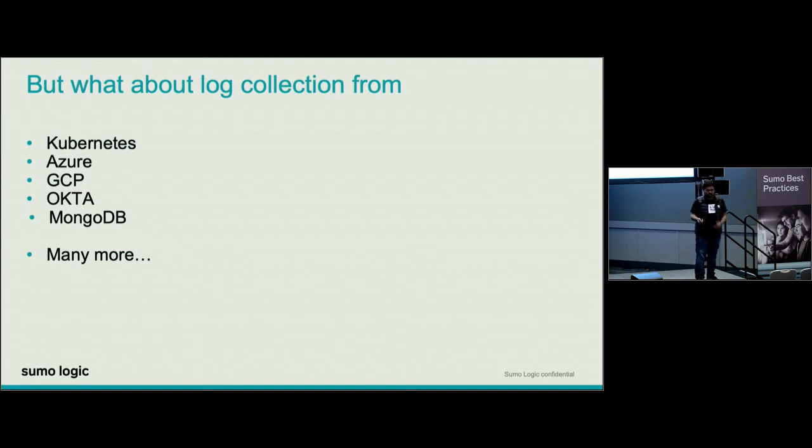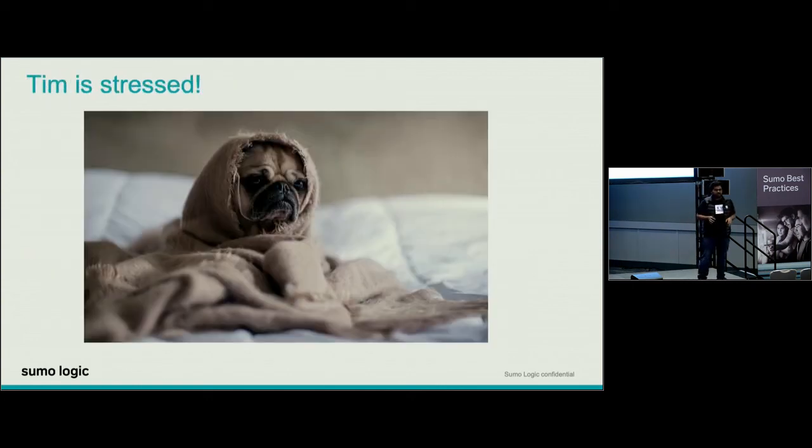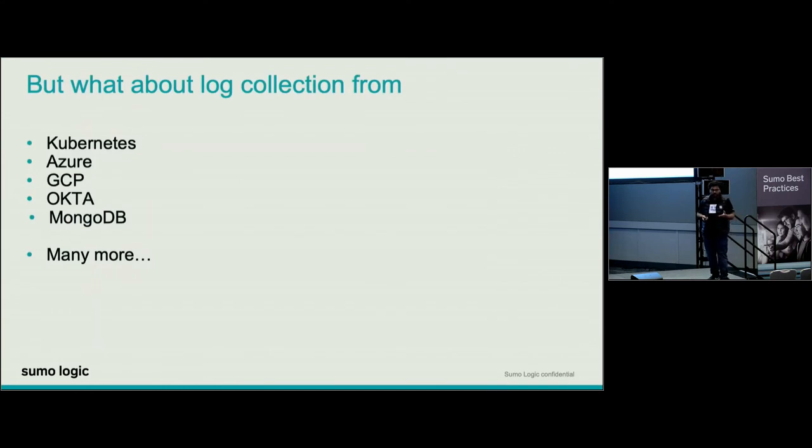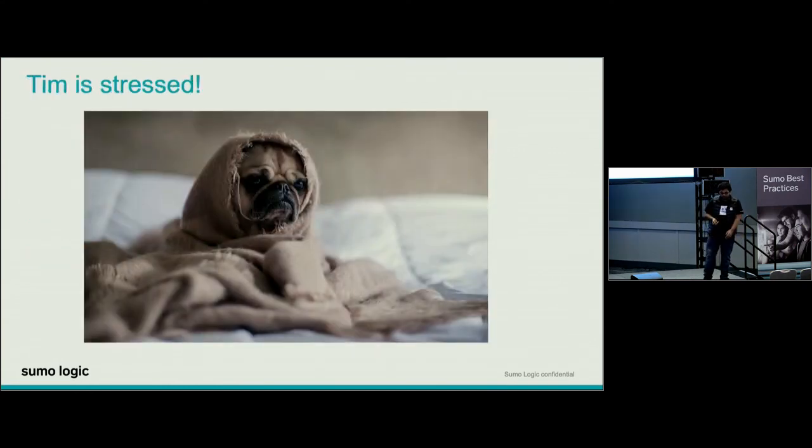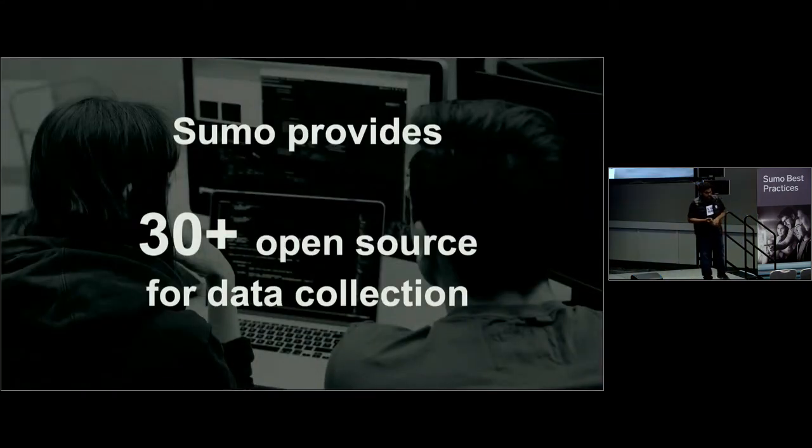There is nothing mentioned on the last slide. At this time, Tim is a little bit stressed about how he is going to meet Bob's expectation of collecting logs from Kubernetes, Azure, and Okta. Unfortunately, Tim was not aware that Sumo provides 30 plus open source solutions for data collection.